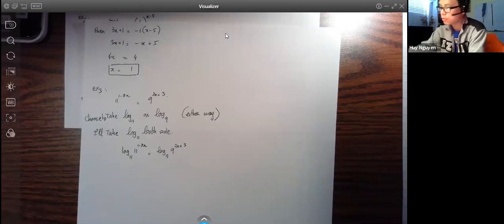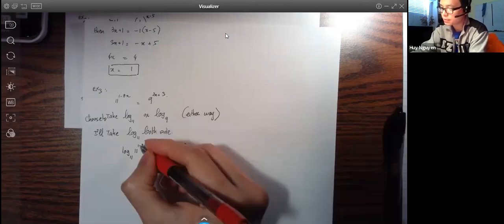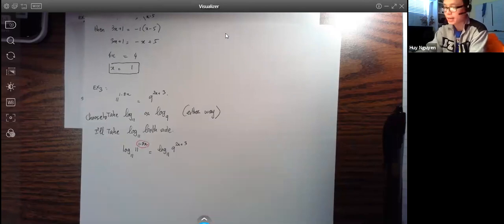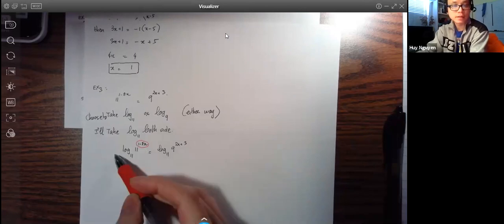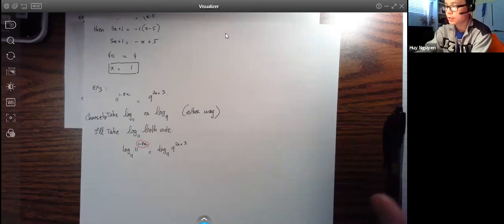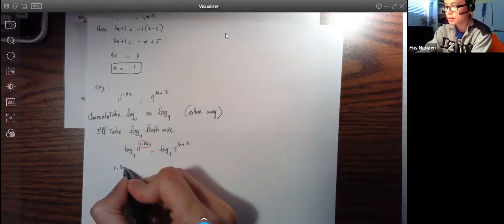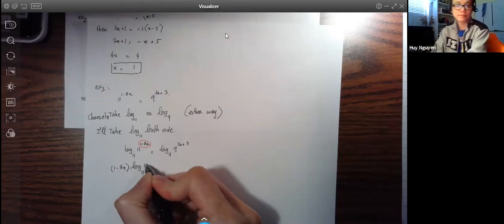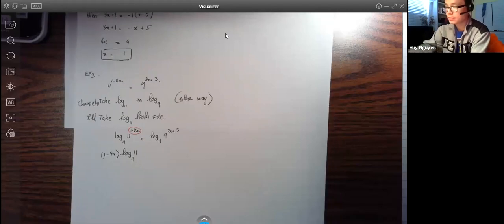Now the whole thing here, 1 minus 8x, is the exponent. I can bring it to the front based on the property I gave you last time. So I can write 1 minus 8x times log base 11 of 11, equal.